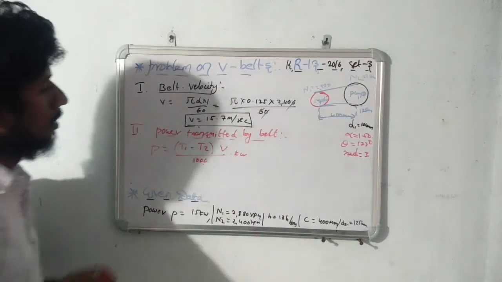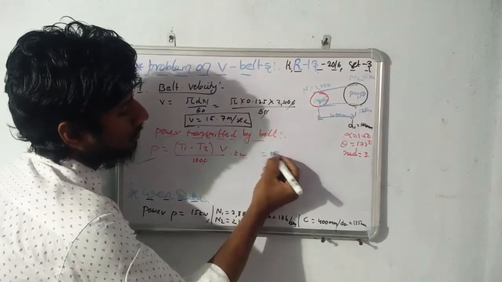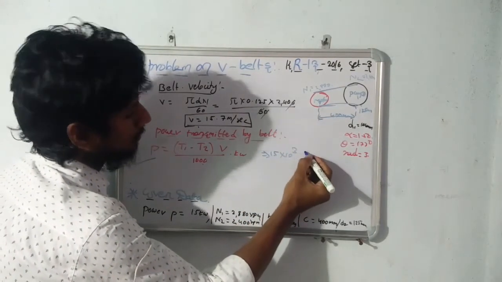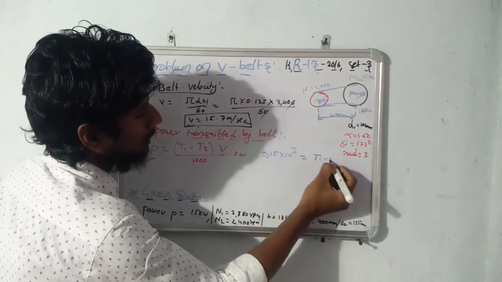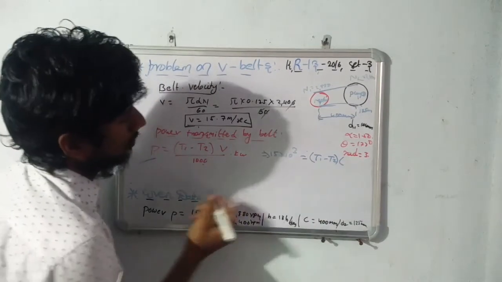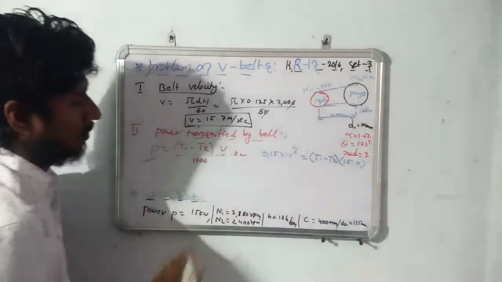Here P is equal to 15 into 10 to the power of 3 into 3, equal to T1 minus T2 into V, where V is 15.7.